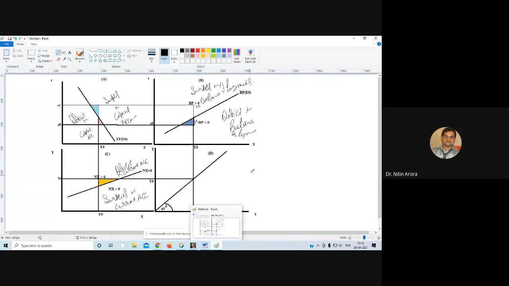So after this lecture, in next lecture, we will be discussing the impact of monetary policy on overall equilibrium.